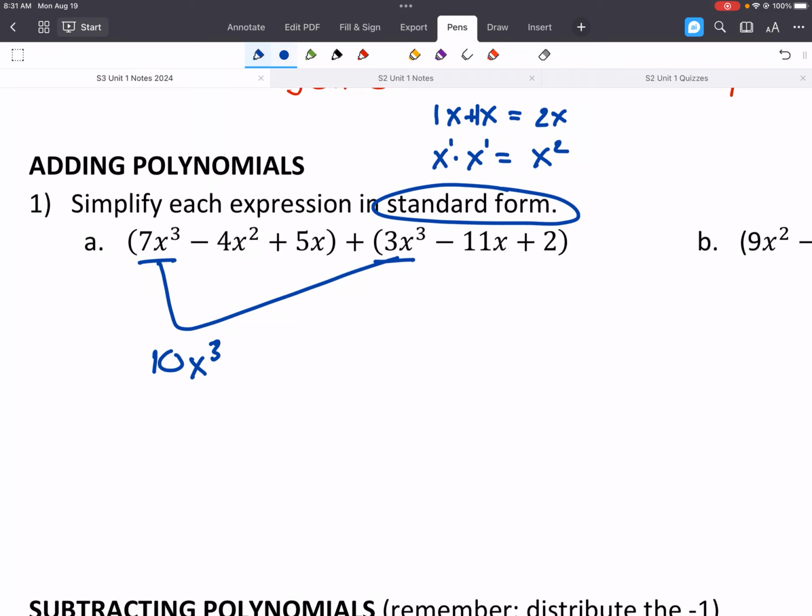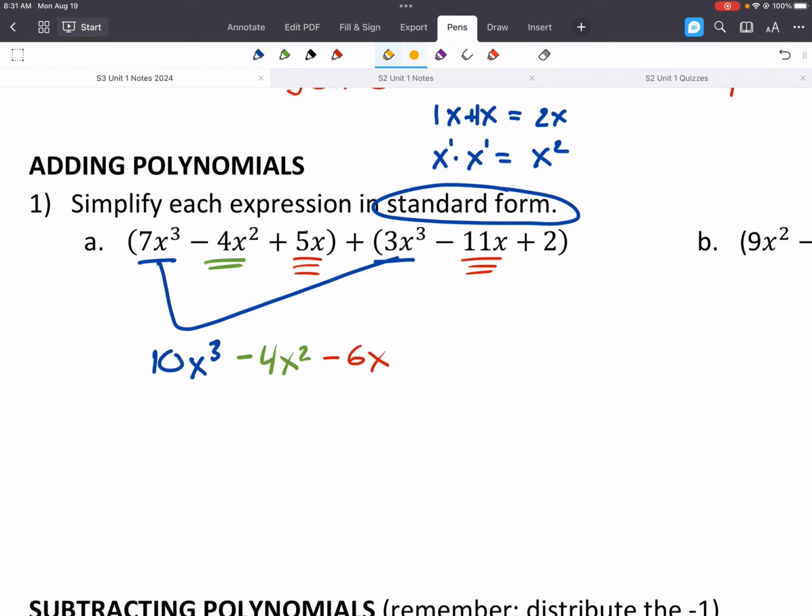All right, so then we go and find our next highest exponent. We've got our x squared. There's only one term with x squared, so we'll just write that down. We don't need to combine it with anything. Next, we'd want to find our x terms. So we've got 5 subtract 11, which would give us negative 6x.